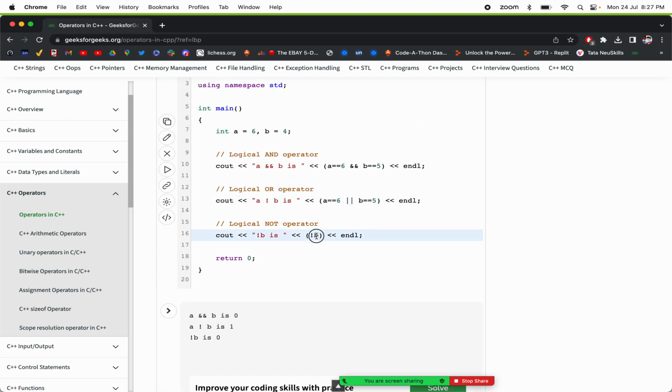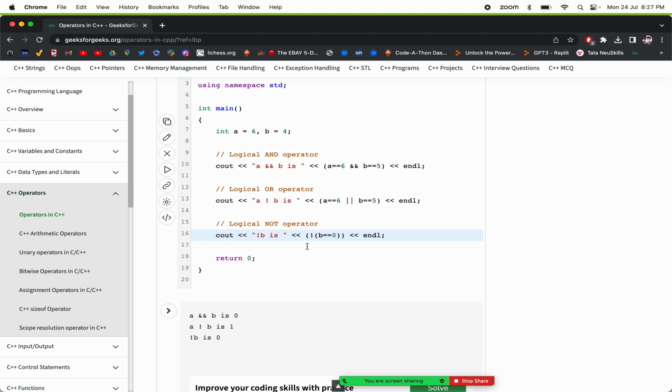And when we say not b, b is a true value as it's 4 and it's non-zero, right? And when we say not, it will basically reverse the result. So true will change to false and 0 is the representation of false. If we would have said not b equals to 0, then b equals to 0 is false, as b is 4 and we are checking 4 equals to 0.